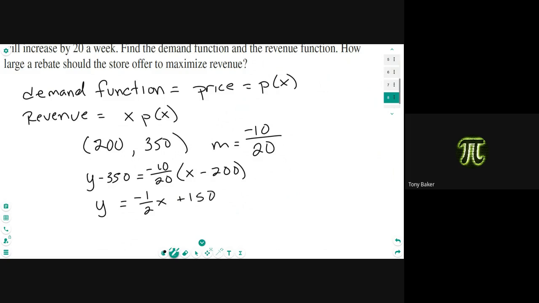Wait, I did it. 250. Where's the 450? 450. Group in signs.